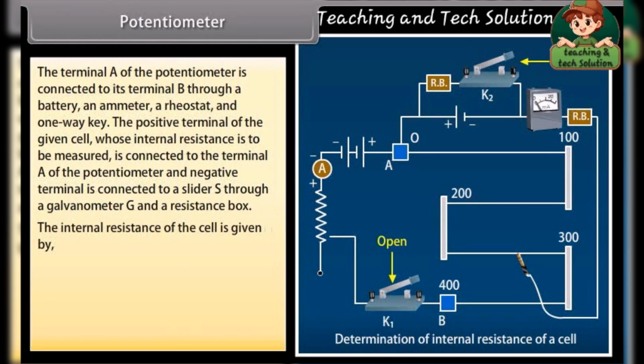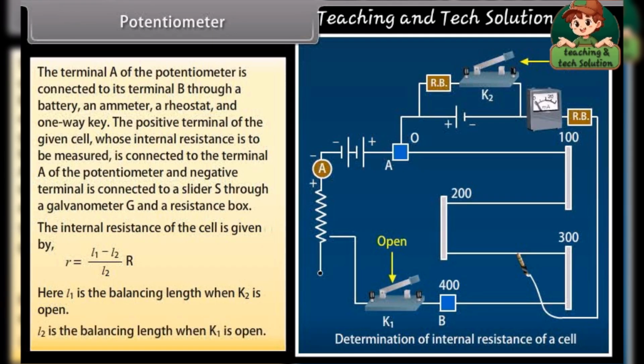The internal resistance of the cell is given by r = (L1 - L2)/L2 × R. Here, L1 is the balancing length when K2 is open. L2 is the balancing length when K1 is open.